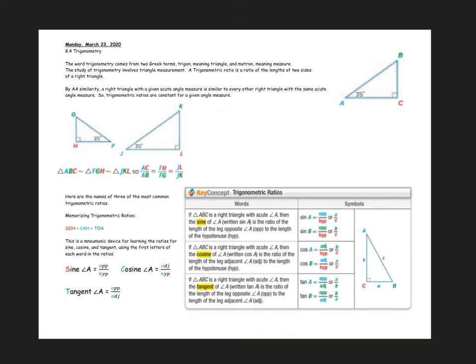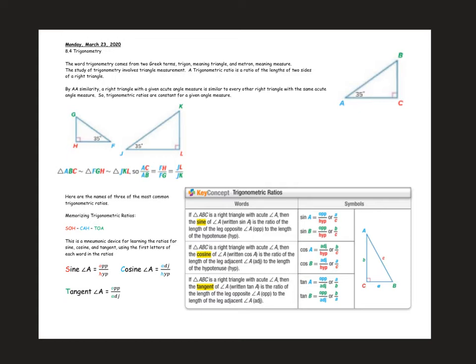If you take a look, I've got triangle ABC. I have angle A being 35 degrees. Over here, I have angle J, which is 35, and then I have angle F, which is 35. We know that all of these are right triangles based off of the right angle. So triangle ABC is similar to triangle FGH, which is also similar to triangle JKL, and we know that because of angle-angle.